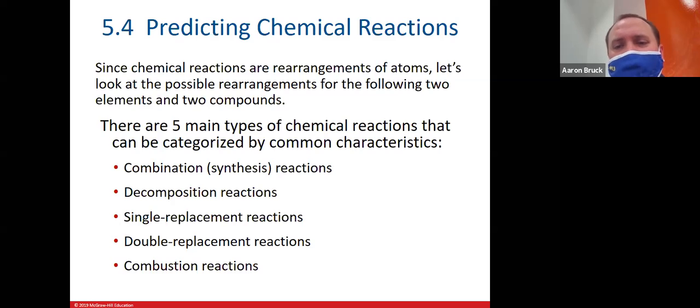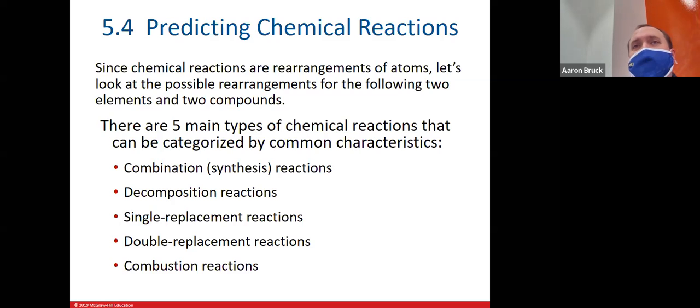A lot of the study questions out of that lab were kind of open-ended. What happens if I have potassium and react it with water? What happens if I take magnesium and react it with oxygen?